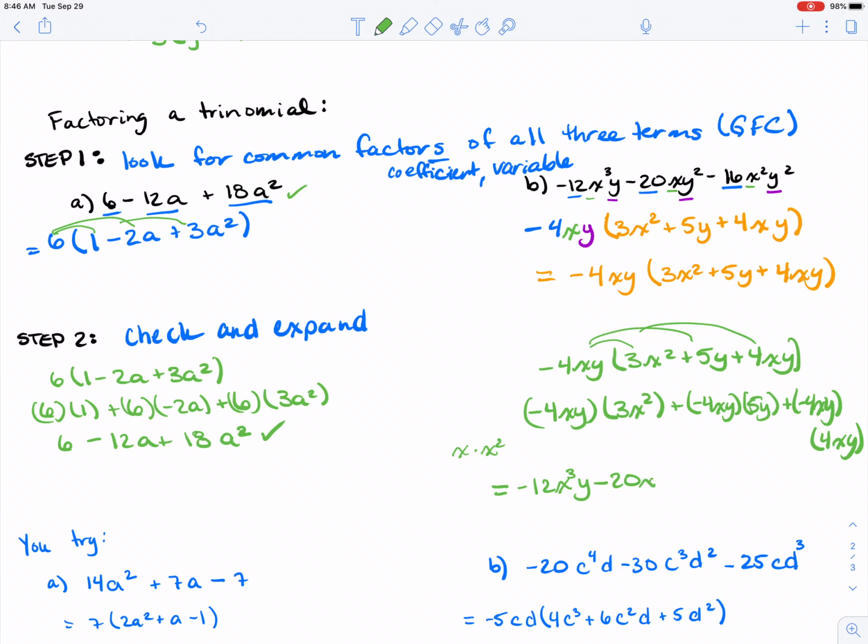I have x, and then of course again, y times y by my product of exponent laws. So I have y squared, and then I have minus 16, because minus 4 times 4 is minus 16. And again, I have x times x, and then I also have a y times y. So that's going to give me x squared, y squared.